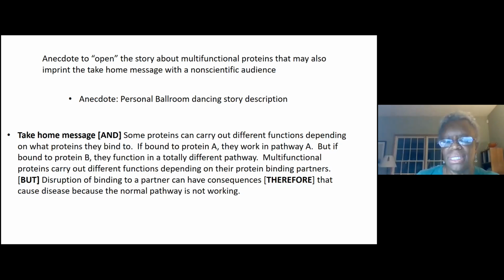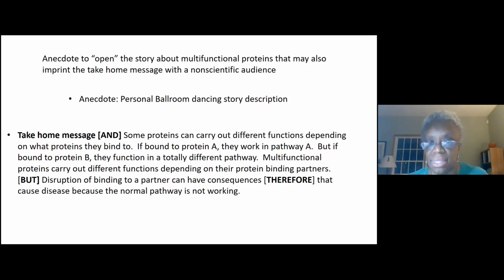So in other words, the take-home message here is that some proteins can carry out different functions, obviously, depending on what proteins they bind to. If I'm dancing with Jeff Sands, protein A, we can do the tango, pathway A. But if bound to protein B, that's the other person, we can then function in a totally different pathway.